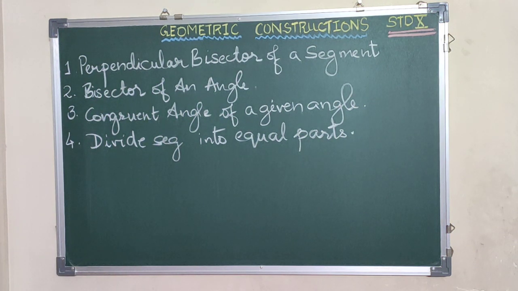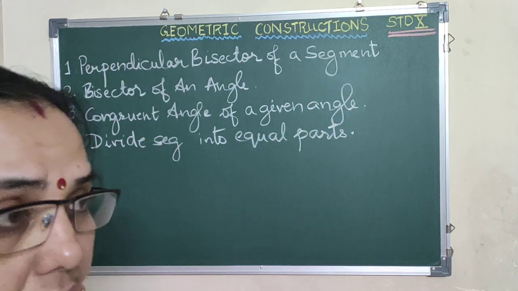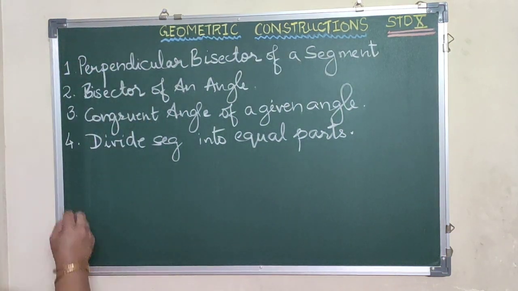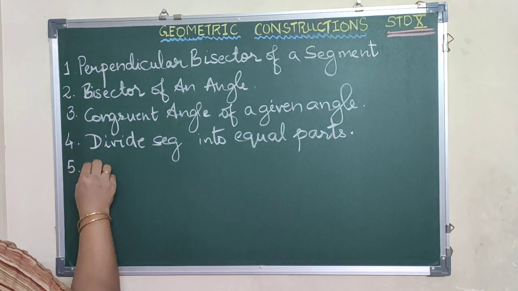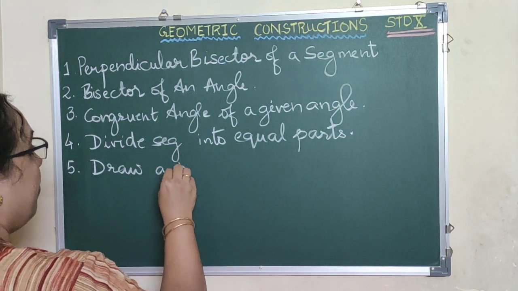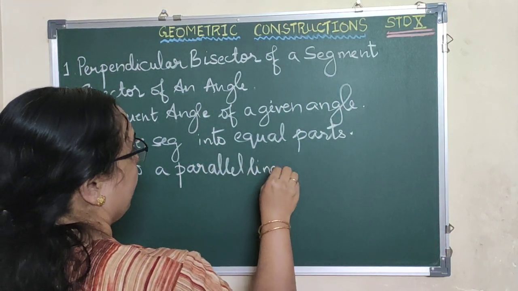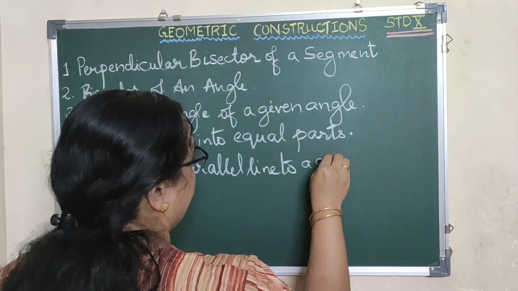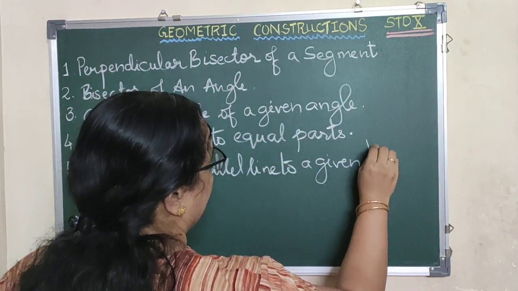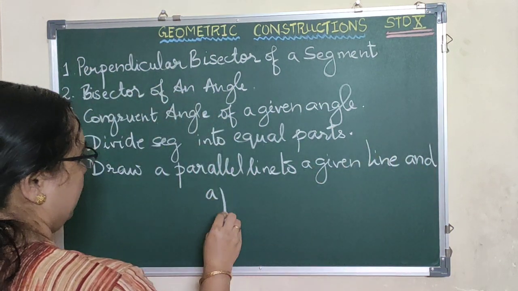Other than that, you have studied how to draw triangles when the three sides are given. That is not at all difficult for you. And to add on to this, one more is how to draw a parallel line to a given line and a point outside it.